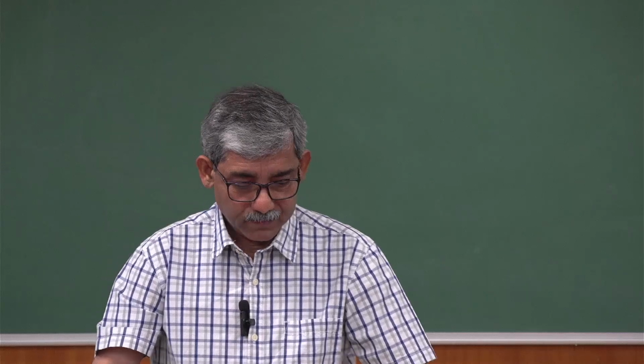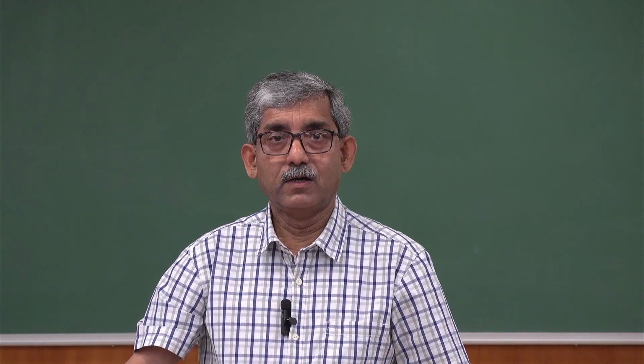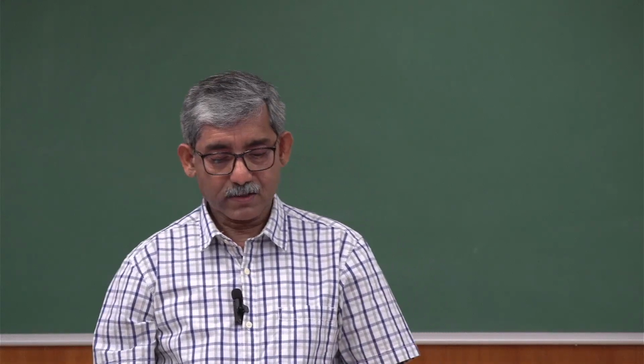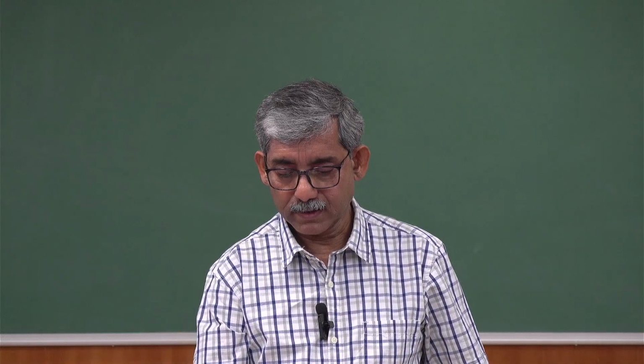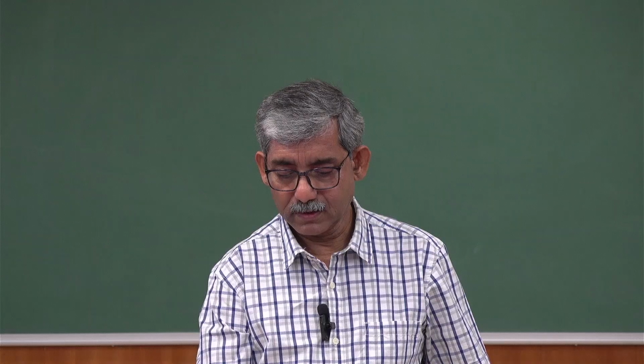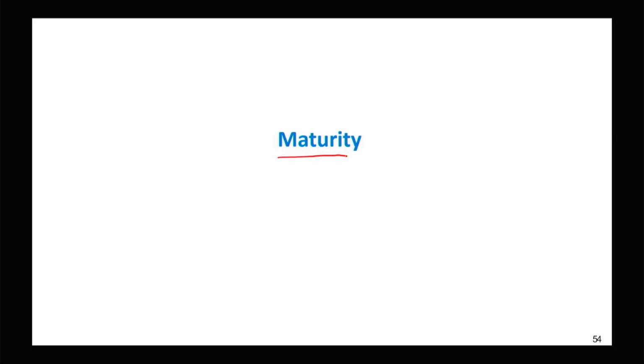Hello everyone. We will now start the analytical approaches of measuring the maturity of fiber. The term maturity is basically used only for cotton. Other than cotton, we normally don't use maturity.